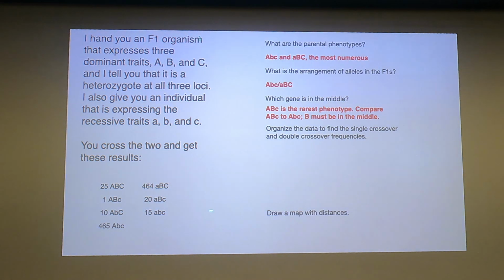So one of the things we want to do here is sit down, get a piece of paper, however works best for you, and work out who's who in these categories. So for instance, we already figured out who the non-crossovers are, this one and this one. Well, we figured out what the double crossovers are. What are the double crossovers?